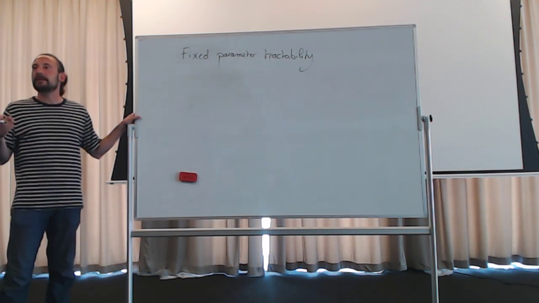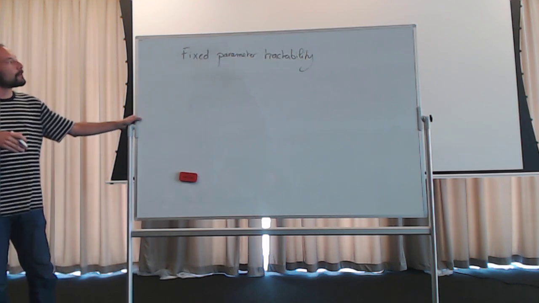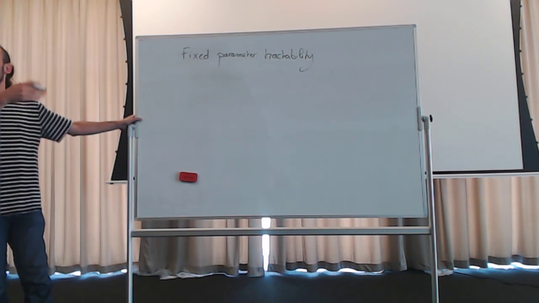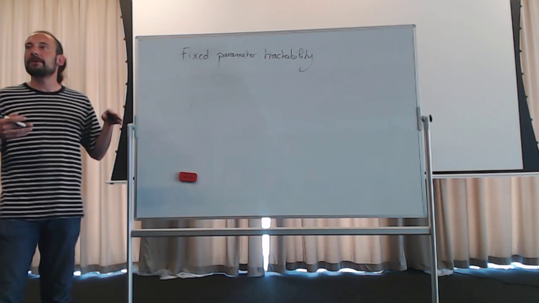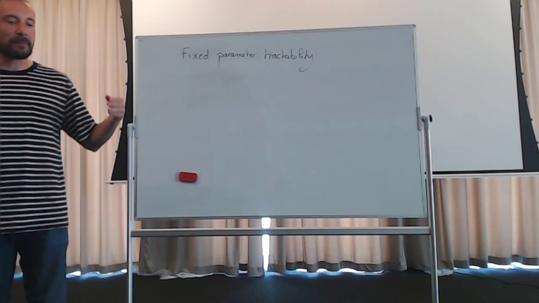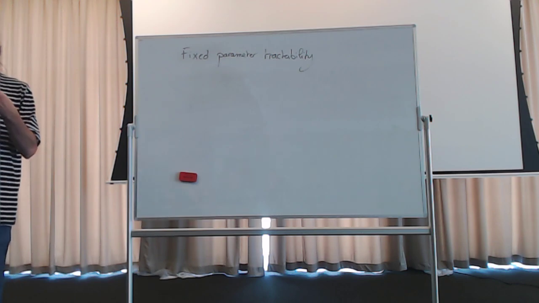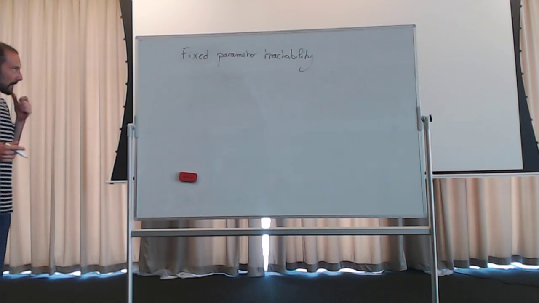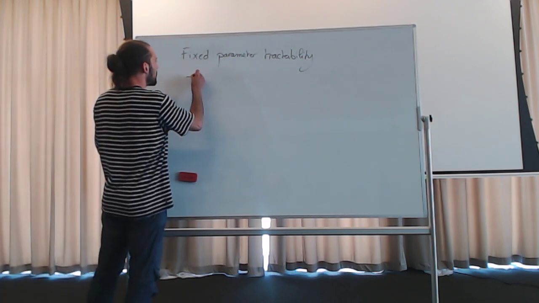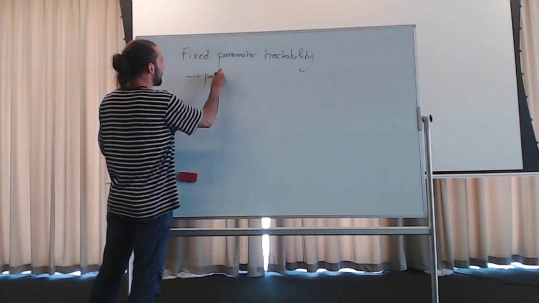So is it the case that if you fix the dimension, then you can get in the complexity some computable function of the dimension times the size of your instance, where the instance is just the input and output?